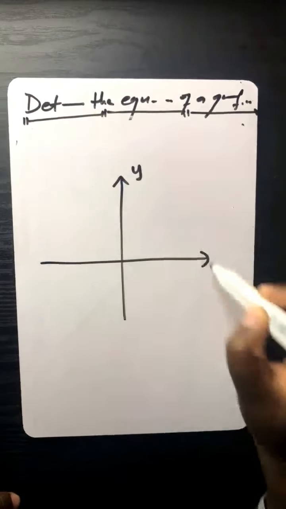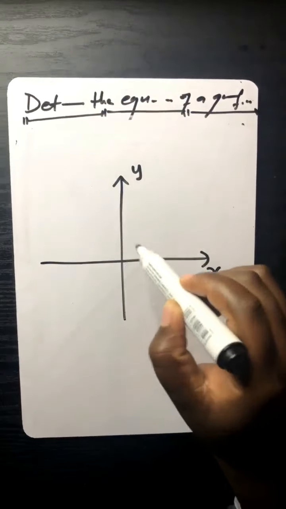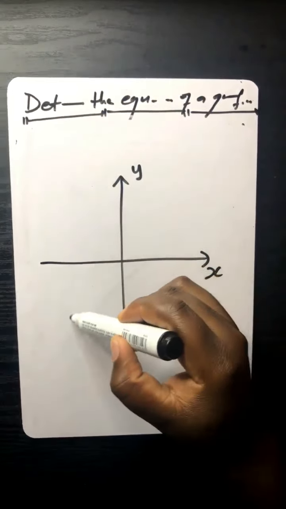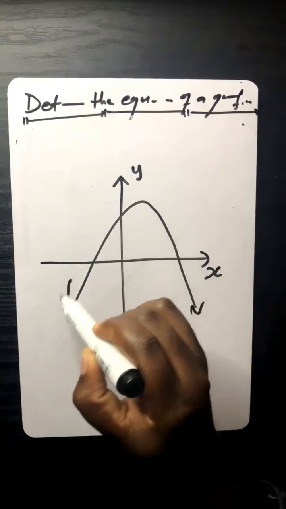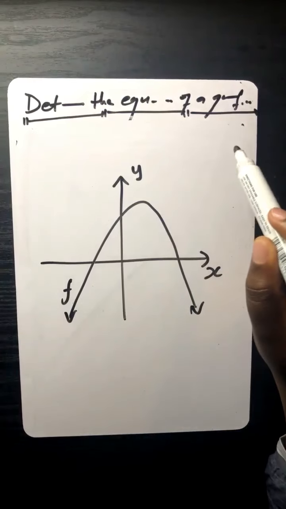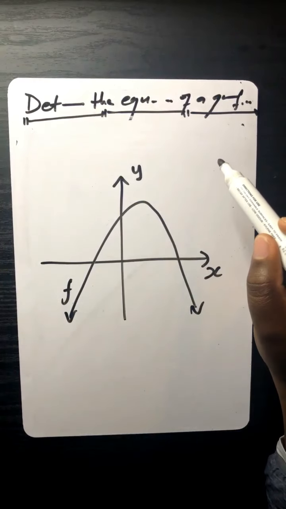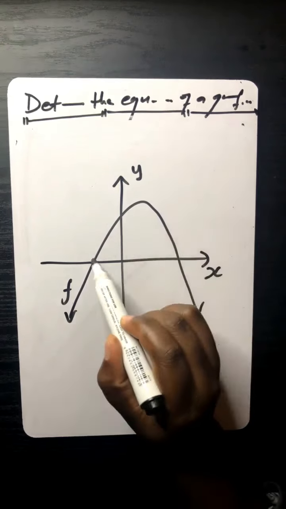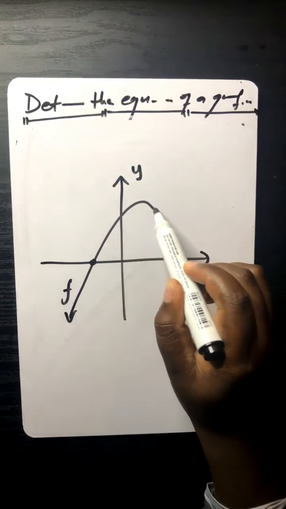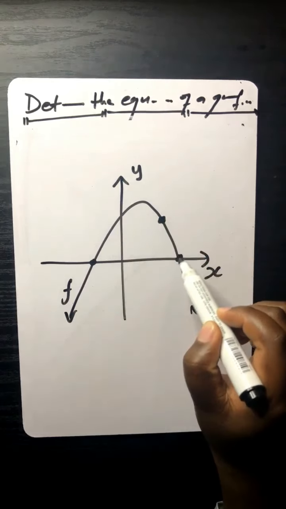We've got y, we've got the x-axis. Let me just make a sketch, something similar to that, and say this is the graph of f. In this case, you are given the coordinates of 3 points on a parabola. Remember, it could be that point there, another point, maybe there, another point somewhere there.